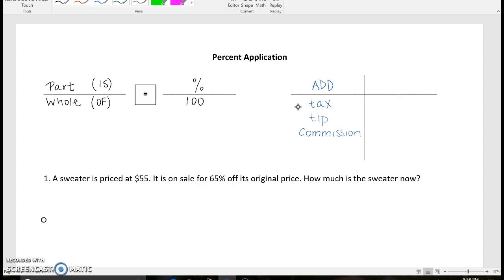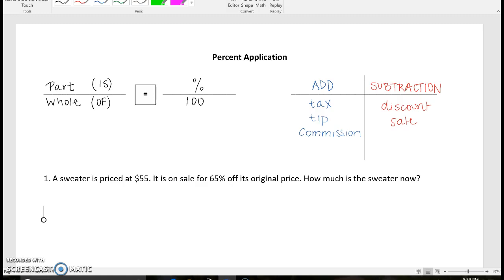There are some situations as well where you would subtract. Some situations for subtraction would be a discount or a sale. Those can be situations when you save a certain amount of money or you save a percentage.